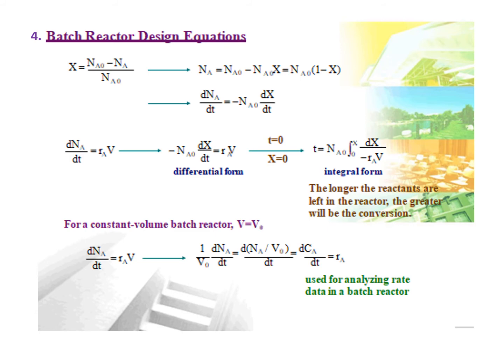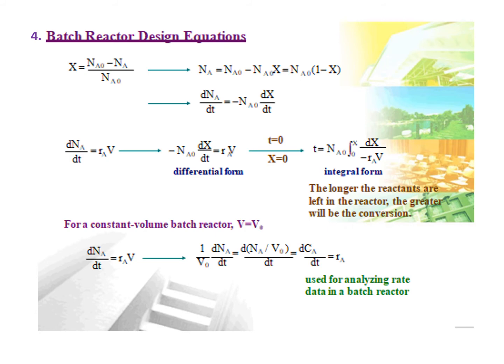The longer the reactants are left in the reactor, the greater will be the conversion. So for the constant-volume batch reactor case, V is equal to the final volume is equal to the initial volume V0.